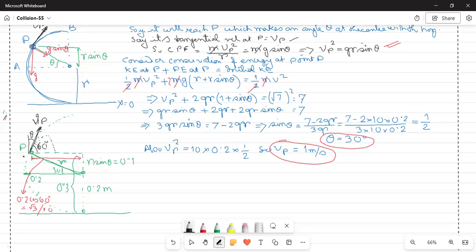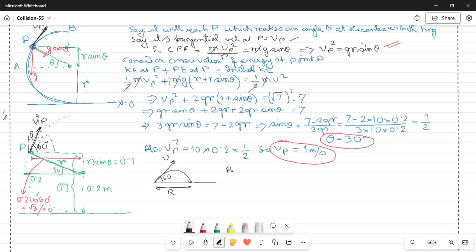Then what is the range of this projectile? Any projectile we know is thrown with a velocity Vp, and this angle is 60 degree. Then this projectile will take a path like this, and this is the range. This formula is given.